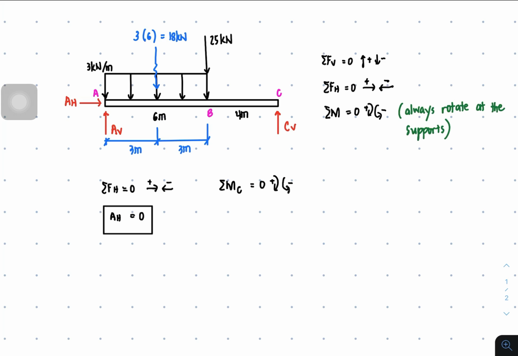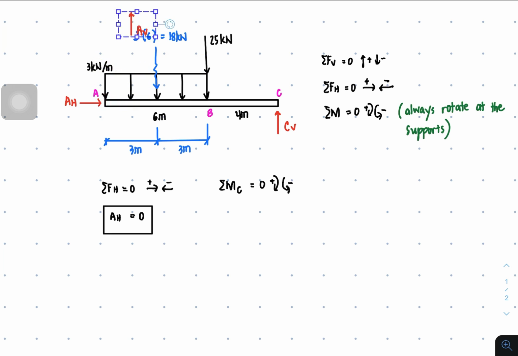Okay, so how do we know the rotation of AV? So since the force is upward, it's going to rotate the beam clockwise. So it's going to rotate AC with a clockwise direction. So it's gonna push up. Therefore, the beam will move up.